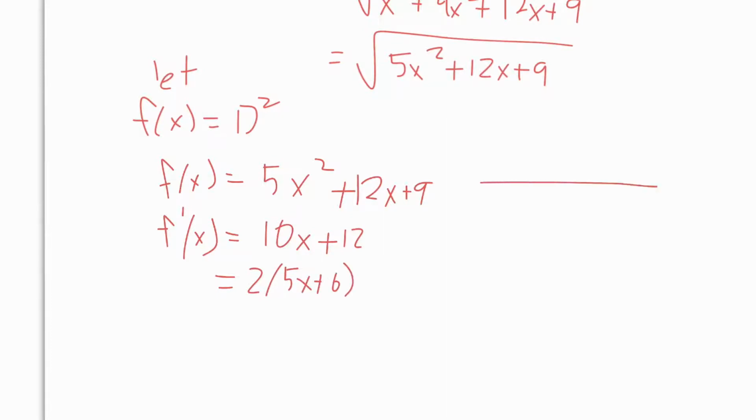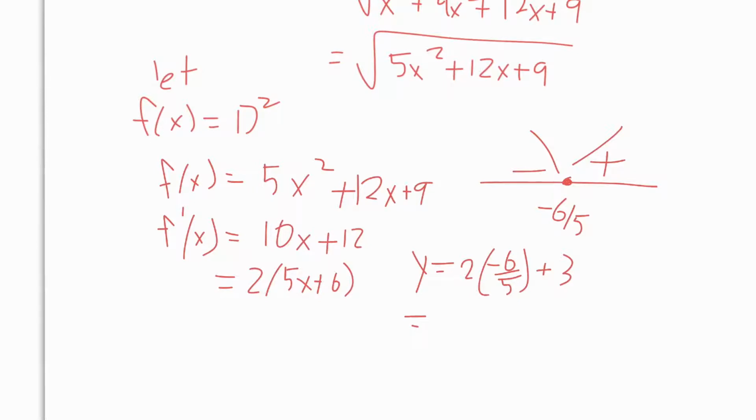Draw the sign diagram. Got our point at negative 6 over 5. Positive, negative. Now, there is no domain restriction here because x could be any number, but it's very clear the minimum distance happens at negative 6 over 5. So y is equal to 2 times negative 6 over 5 plus 3, because we know y is equal to 2x plus 3.